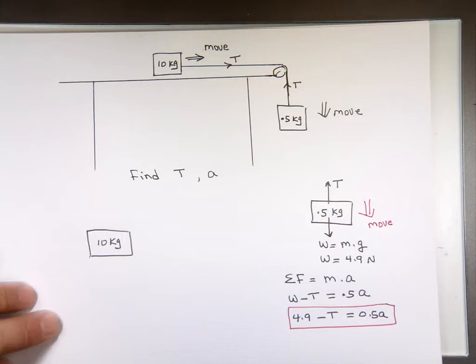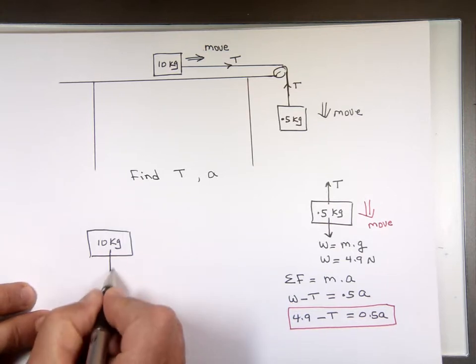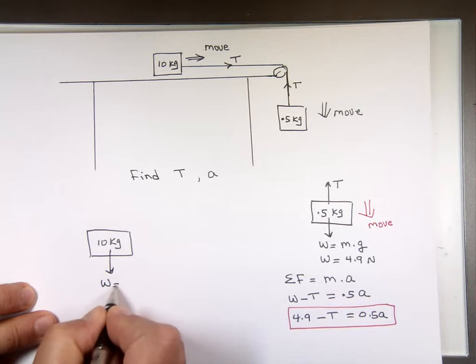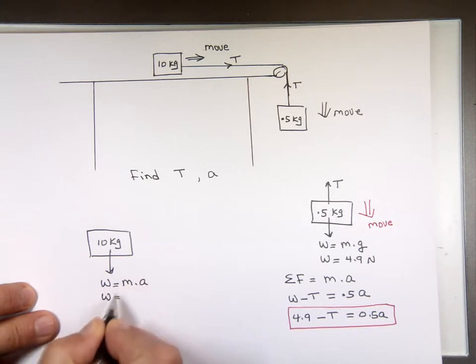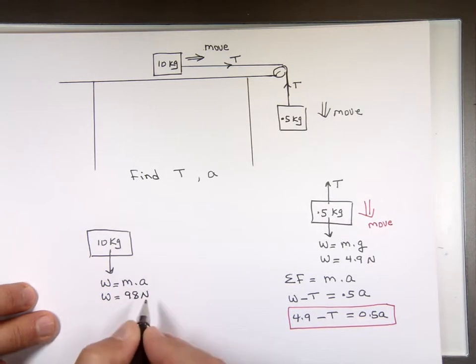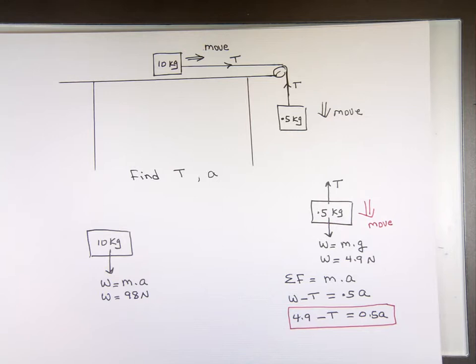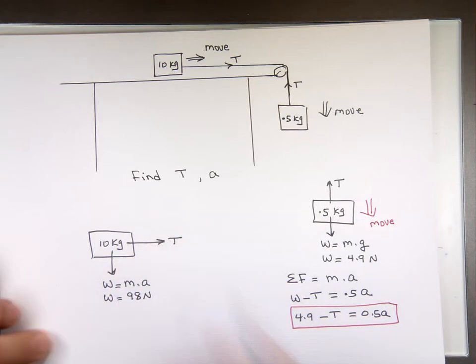What do we have? The weight down, which is mass times gravity, 10 times 9.8, that's 98 Newton. What else do we got? Tension is going that direction. What else?